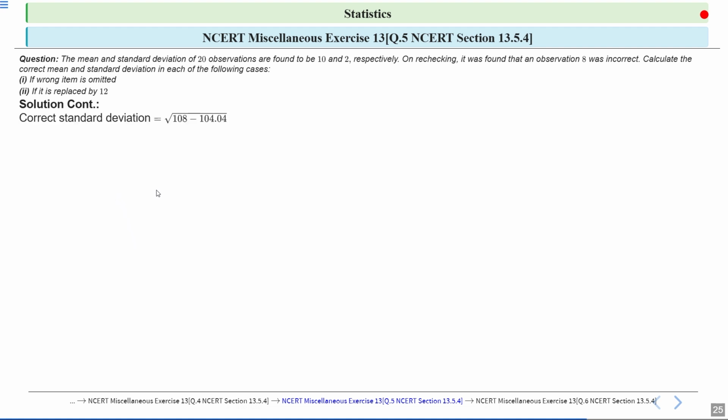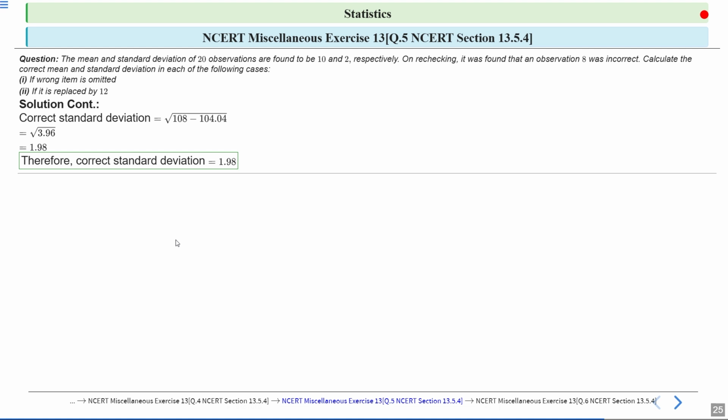Now, the correct standard deviation is the square root of 108 minus 104.04. This is equal to the square root of 3.96. This is equal to 1.98. Therefore, the correct standard deviation is 1.98.